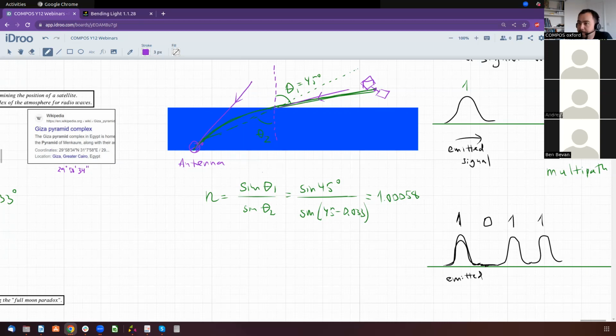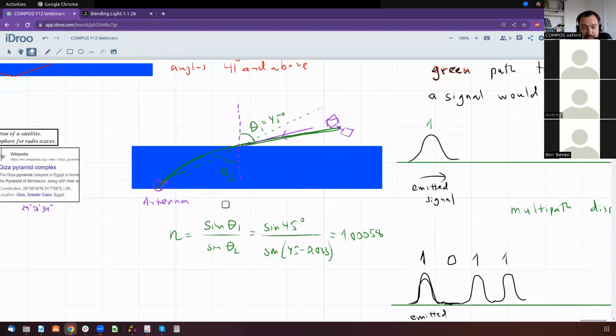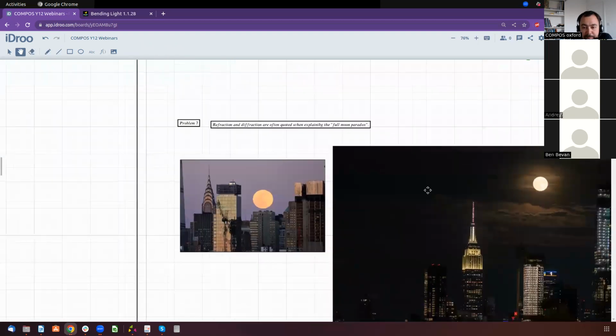Right. So this is due to the refraction in the atmosphere.